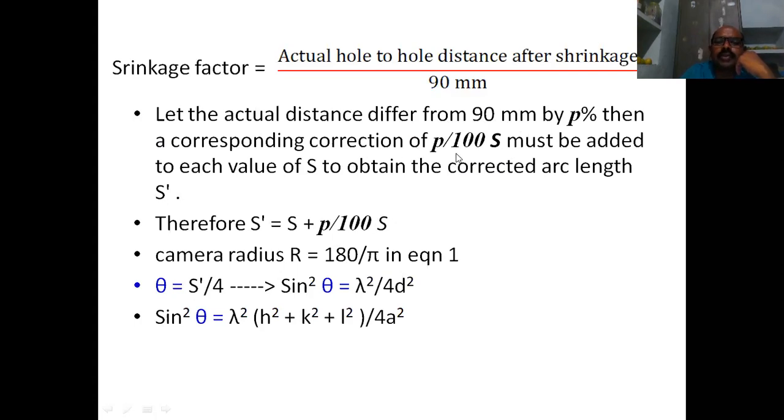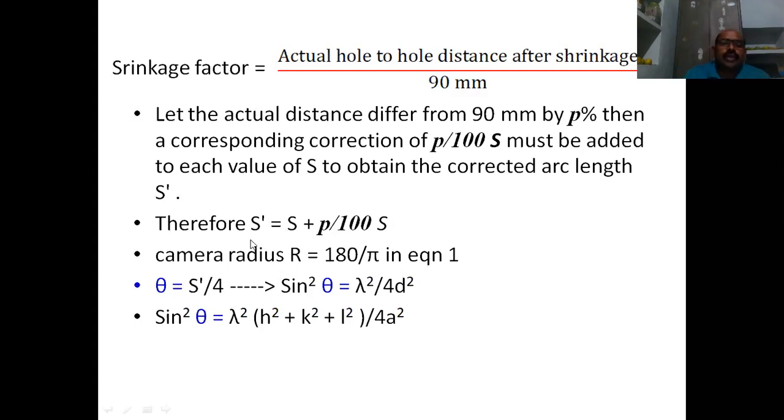P percent of S is the shrinkage correction. Then we write this product in addition to S. S plus this quantity gives us S dash. Actually, this is the arc length before developing, that means without shrinkage. Whenever we remove the error, it is the corresponding S value. So that is S dash.